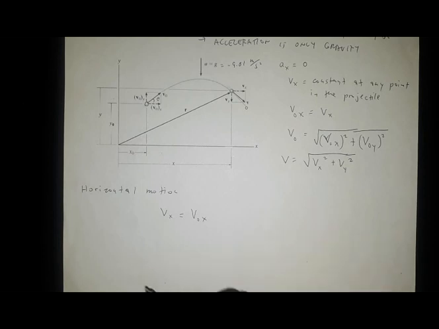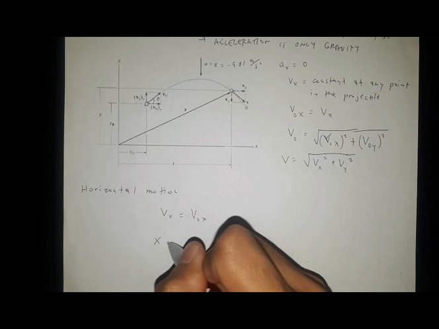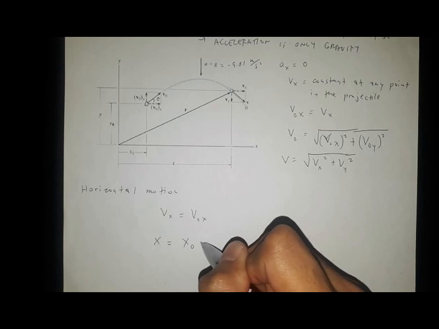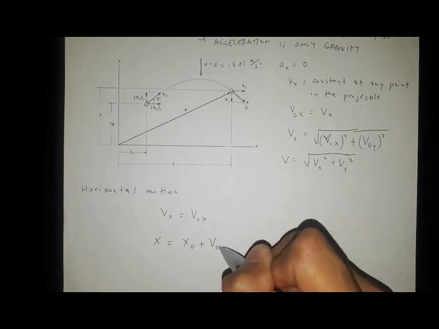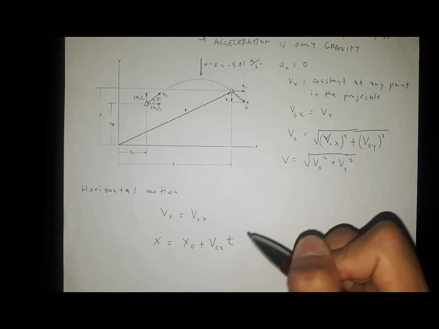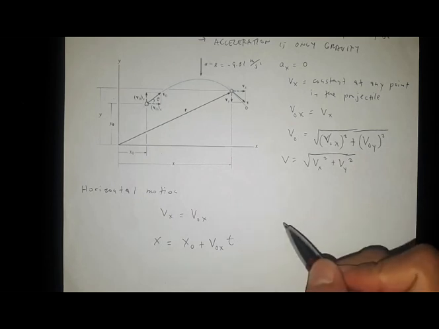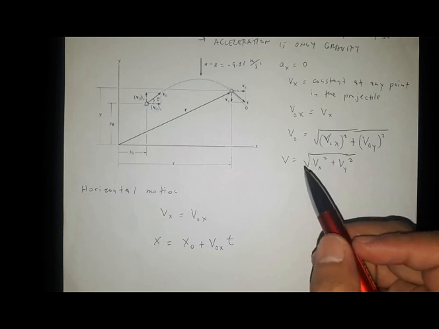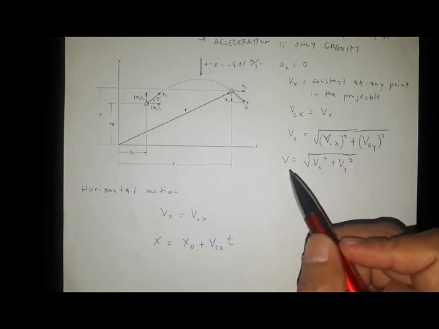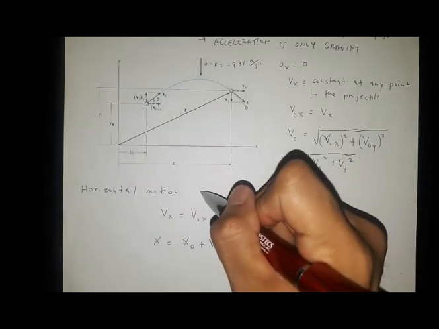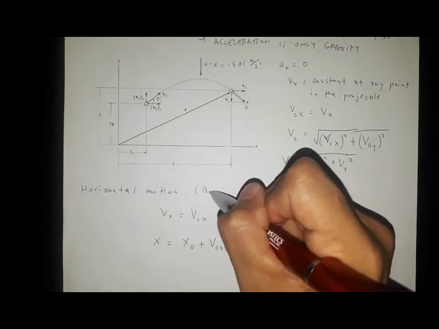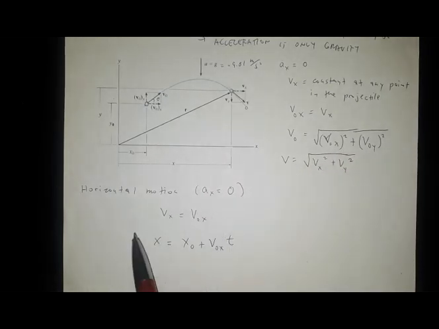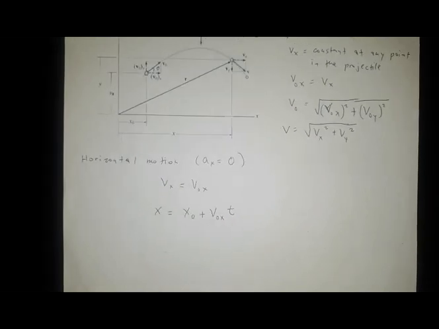Now, we have our x equals x naught plus Vox t. It comes from the original equation of v is equal to vox plus at, but we don't have acceleration, so ax equals 0. That is why these are the changes to the formula.